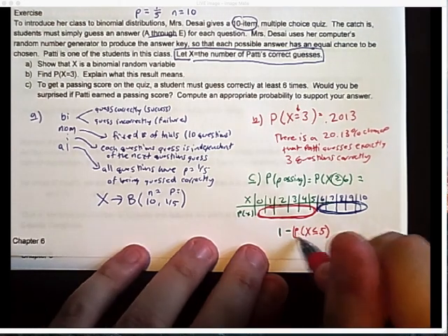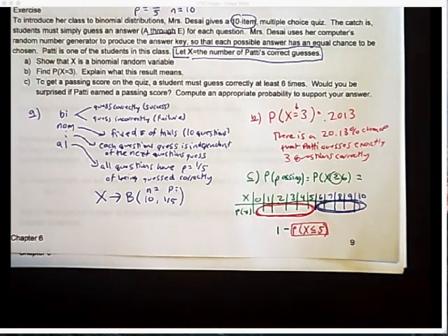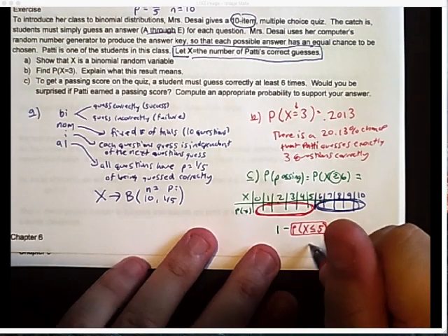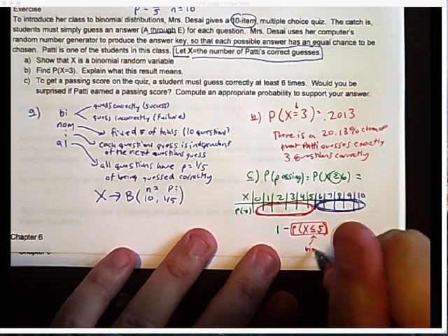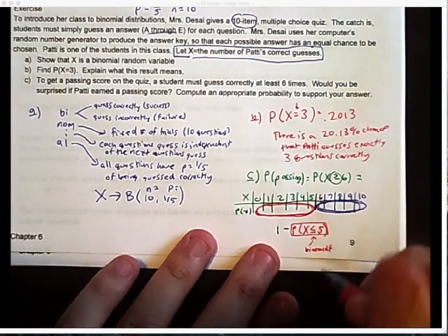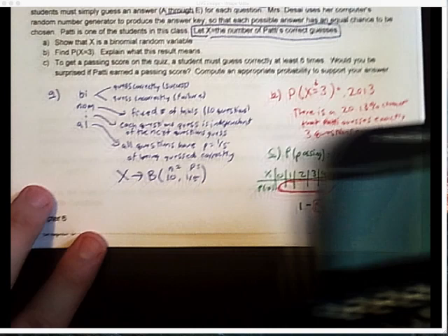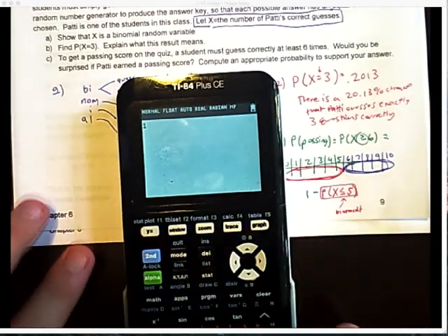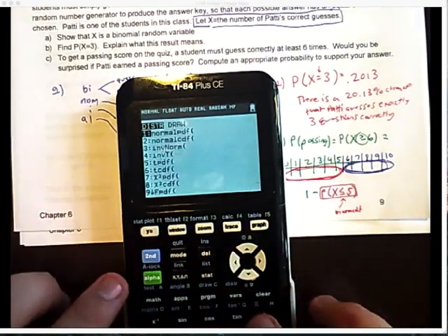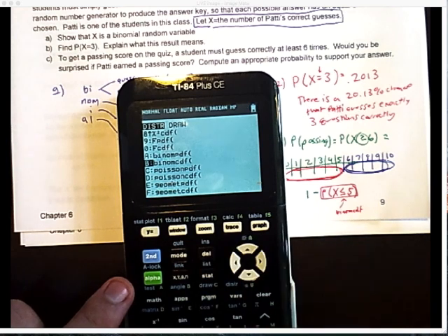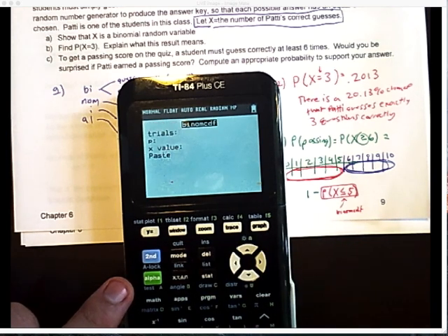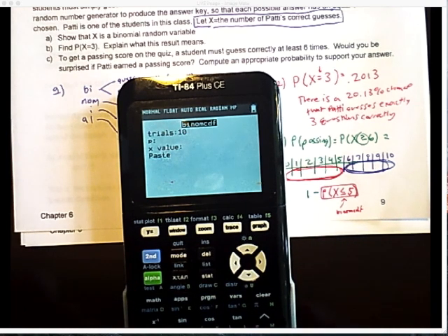I can do this in the calculator. Okay. Because this is a less than or equal to, I can use a binom CDF to figure out what that part is. Okay. So if I start to do this in the calculator, I can do 1 minus binom CDF, because it's a cumulative. Okay, again, there's 10 trials.